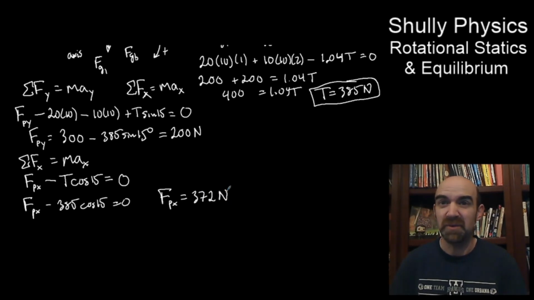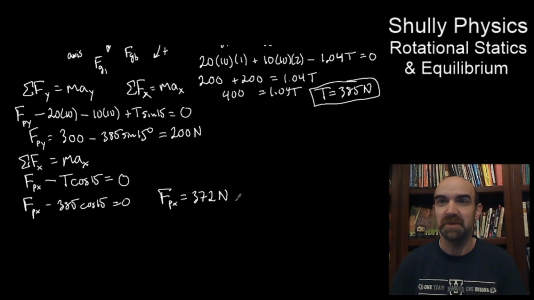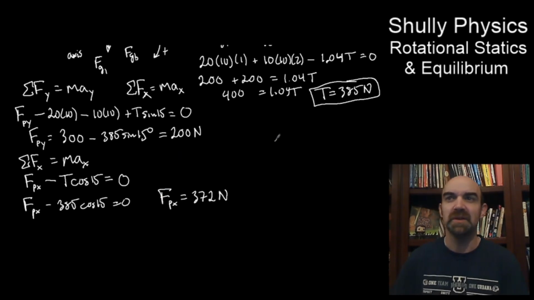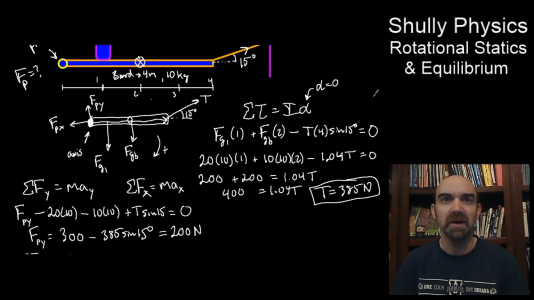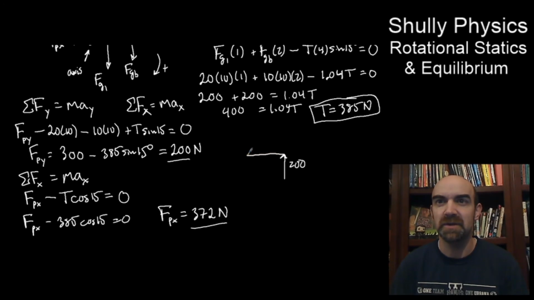A lot of force on that. It's supporting a lot of that weight, it looks like. Okay, so what's the overall pivot force? It is going up and left because we got positive values for those. Up and left. By how much? The upward component is 200 right here, and the x component is 372 going this way.